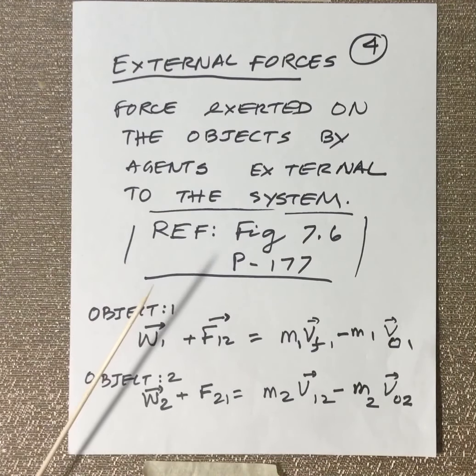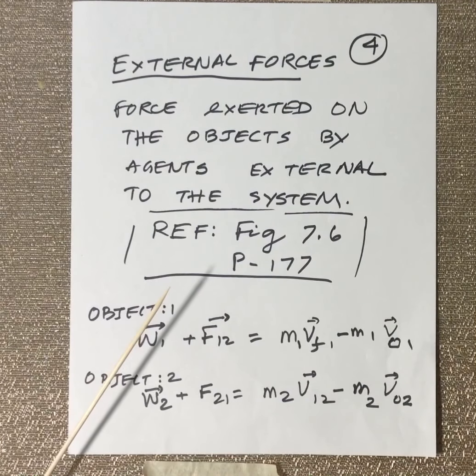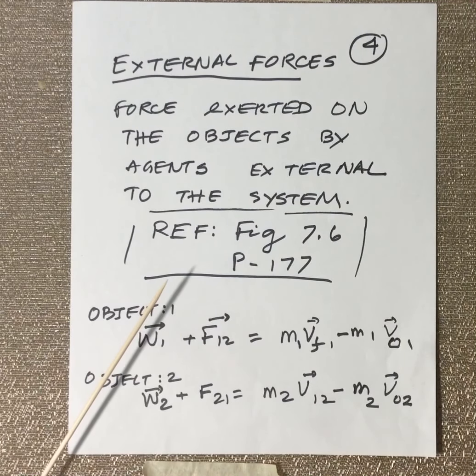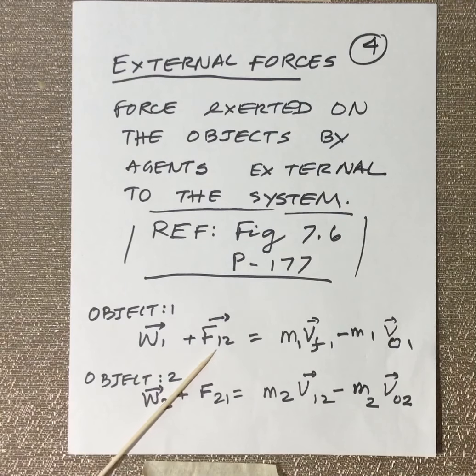Okay, now, excuse me. Look at object 1. For object 1, you have the work done by the forces, which is W1, and force F12 exerting on 2, and that equals the final momentum minus the initial momentum for mass 1.